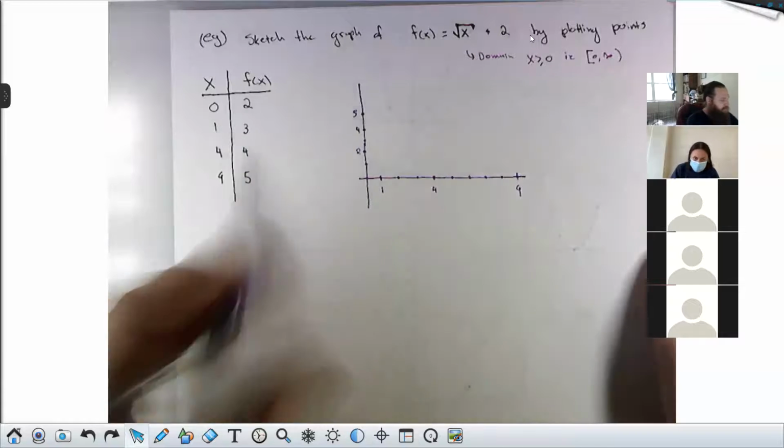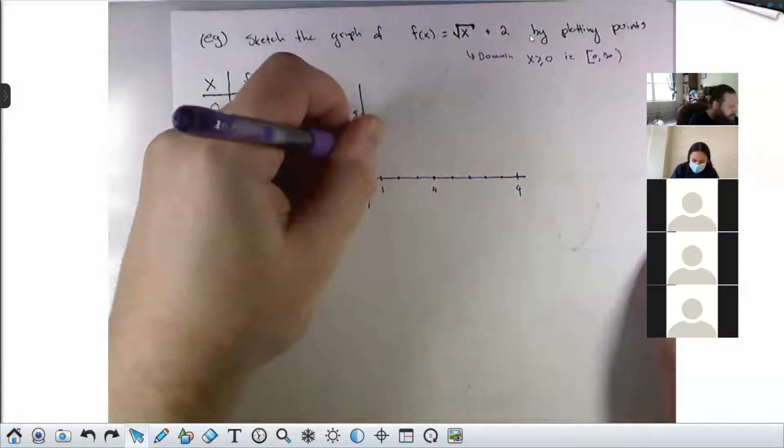So when x is 0, f of 0 is 2. That means I have the point 0, comma 2 on this graph.